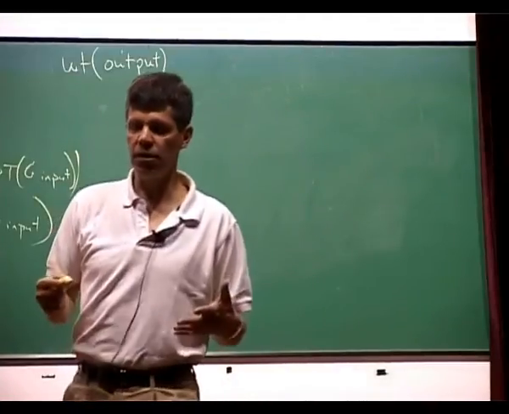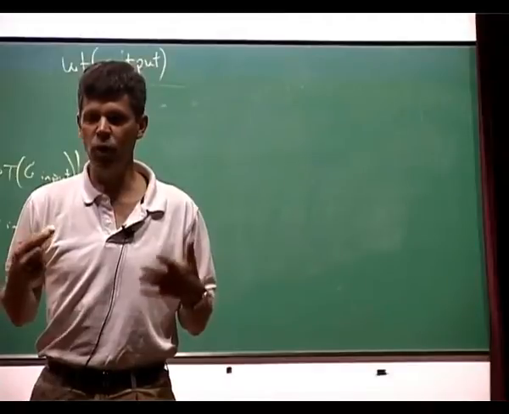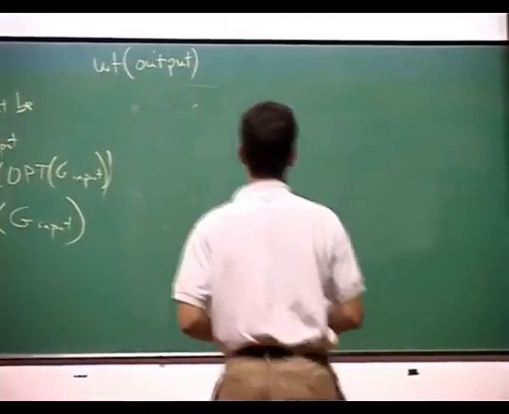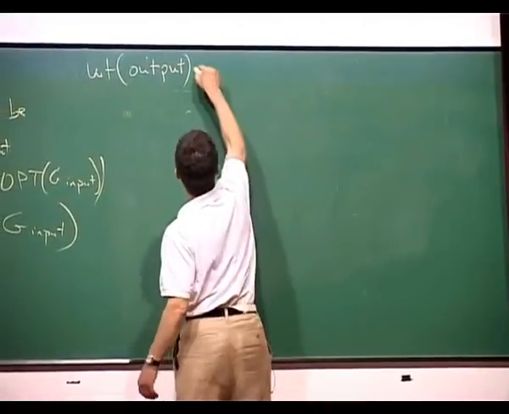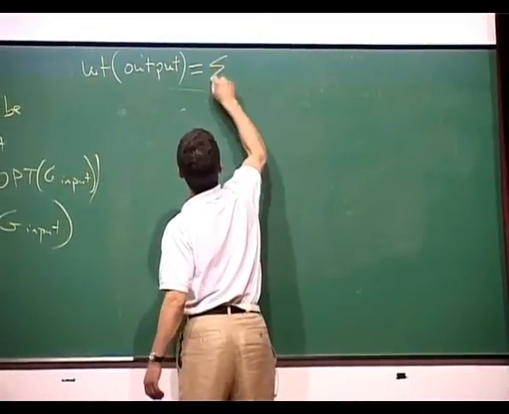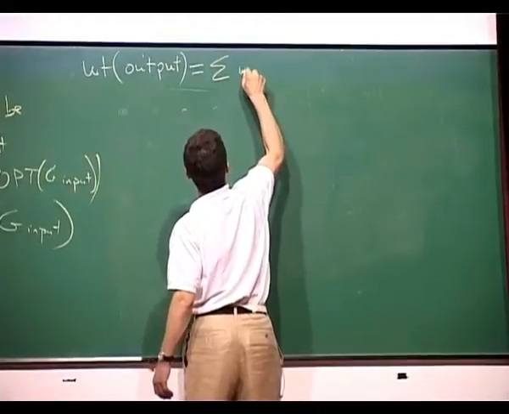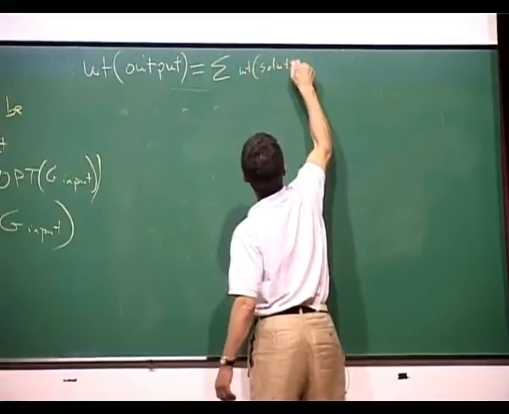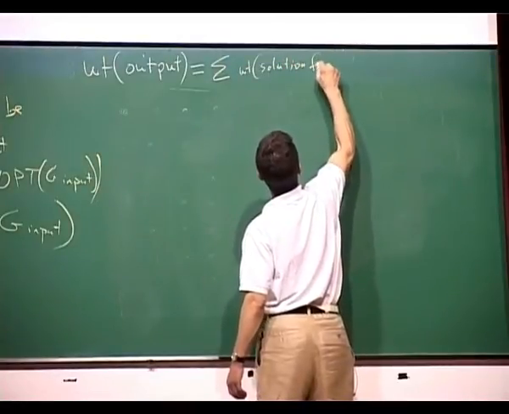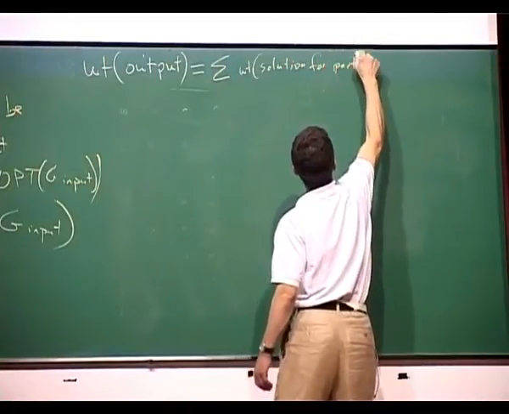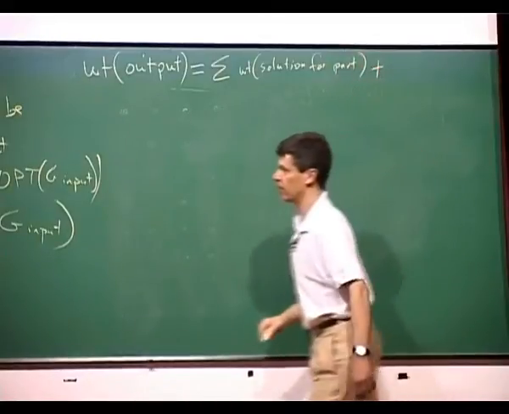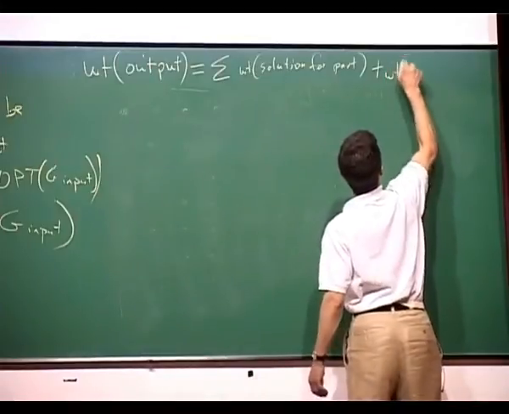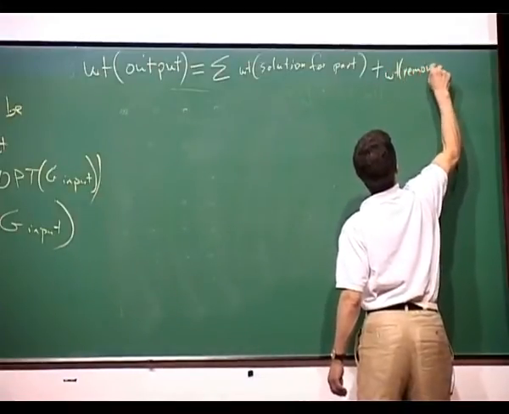It is the sum of the weights of the solutions to the different parts, plus the weight of the removed edges.